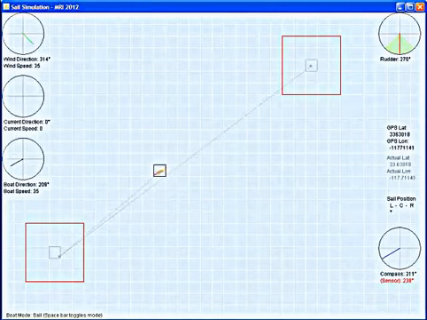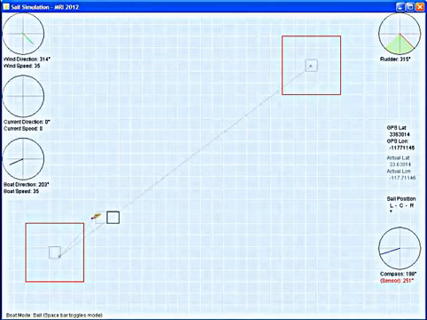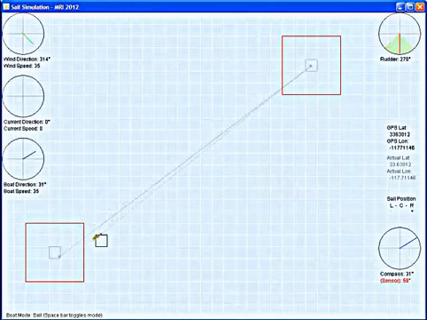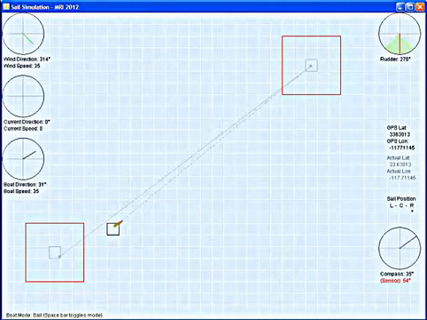So what I came up with is just some simple reed switches. They're basically magnetic switches. I put them at each side of where the boom can travel, and then I put some magnets underneath the boom.